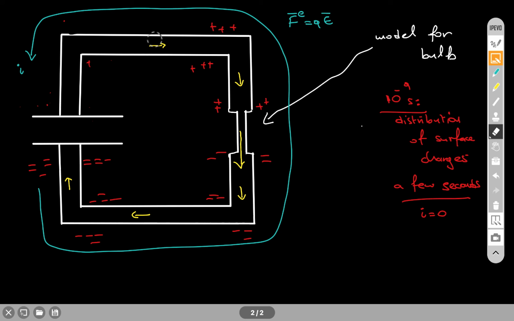There is nothing to create that electric field. And this is when your current is exactly 0. So this is no surface charges anywhere, no electric field.